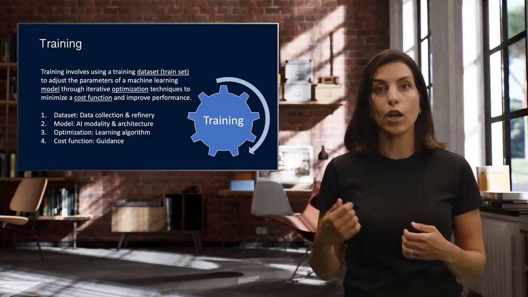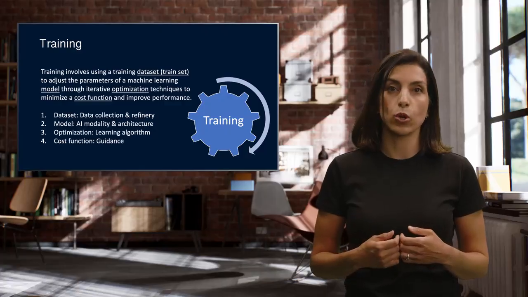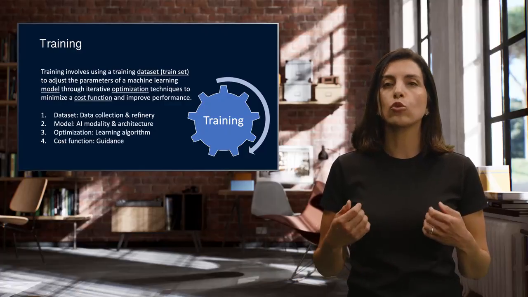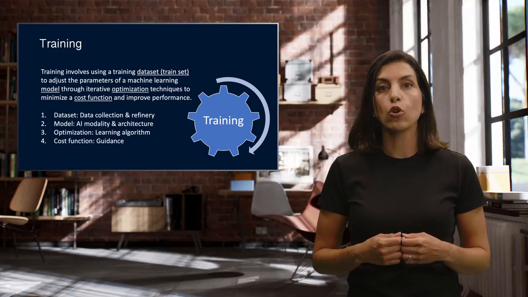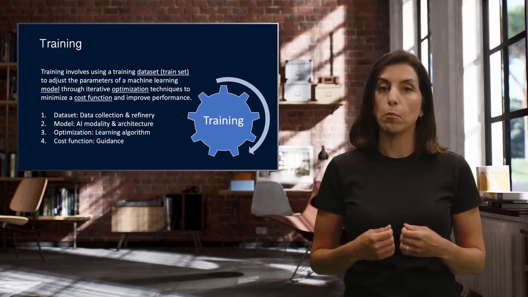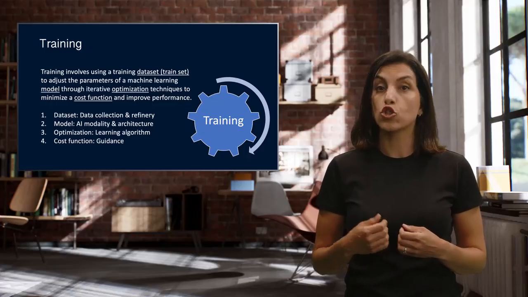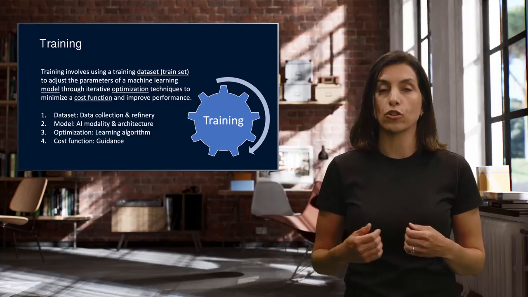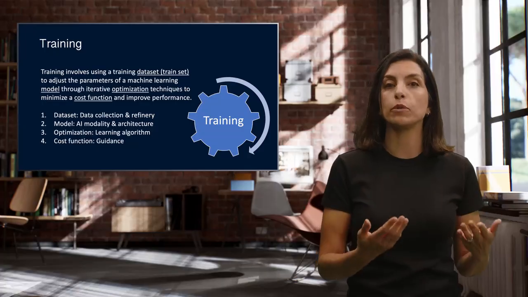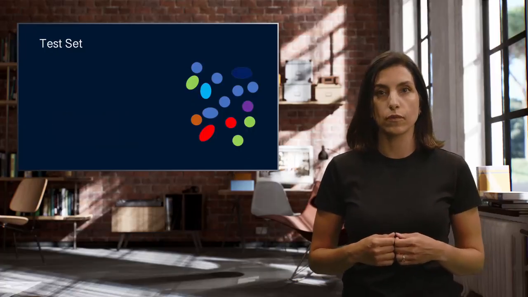I would like you to search these keywords after watching the lecture and try to learn more about them. The training process involves dataset curation, model selection, and the choice of learning algorithm, as well as a cost function that is used to guide the optimization process.